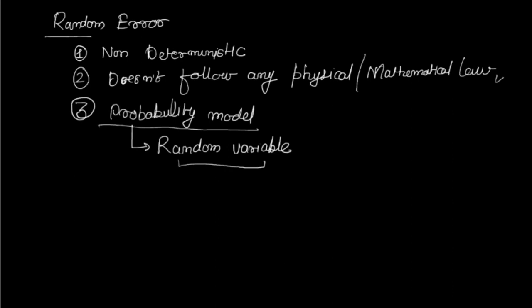This random error generally occurs in both the negative and the positive way, in a balanced way. If I just draw, generally we take the normal distribution. We will discuss this topic in detail later, but for the time being, for these random errors, we normally adopt a normal distribution.